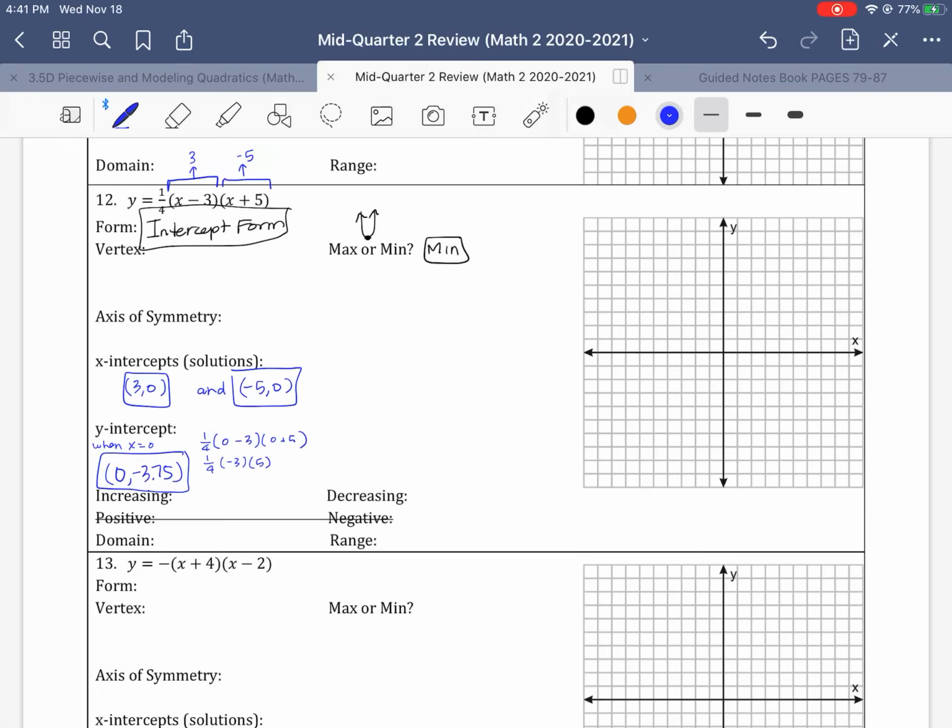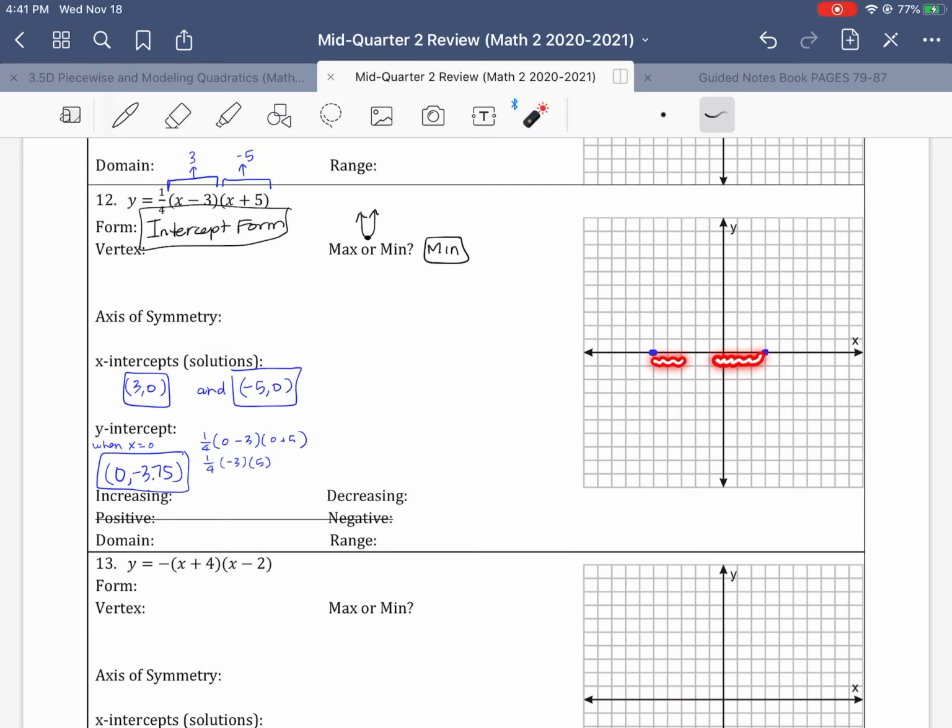And then again, we need our vertex to do the other part. So there's two ways you can find the vertex. One way that we kind of did it in class and the students were figuring out is that if I plot these x-intercepts, so one of them's at 3, the other one's at -5, your axis of symmetry or your vertex has to be halfway in between those.